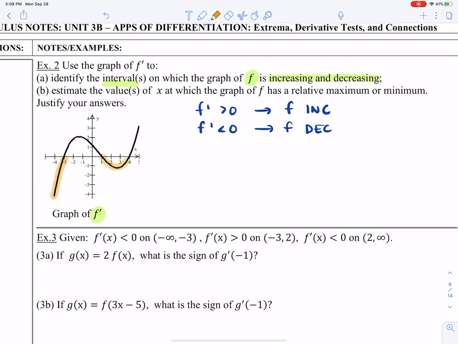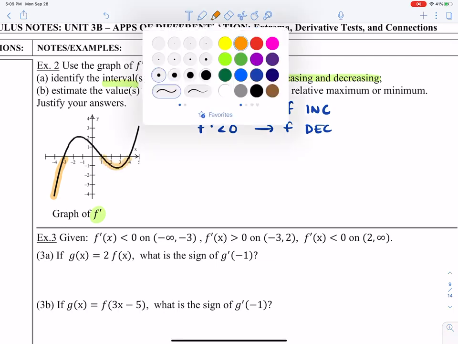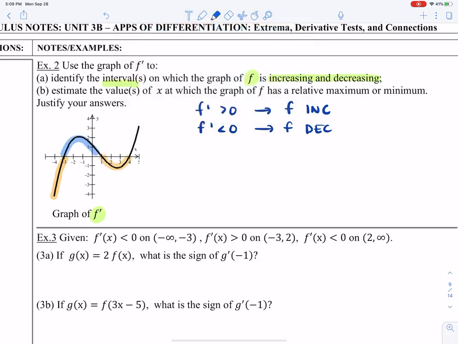So I want to identify the intervals on which the graph of f is increasing or decreasing. And so remember, if f prime is positive, f is increasing. If f prime is negative, then f is decreasing.